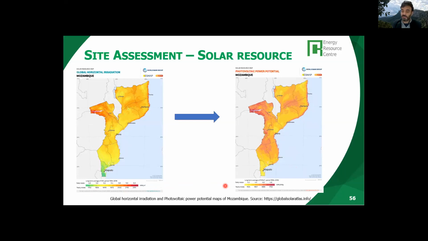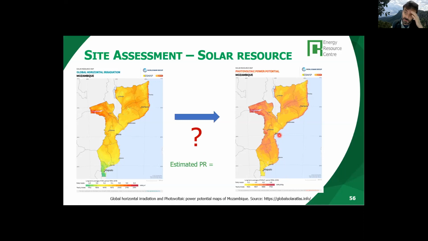So I am telling you this because of the risk of using this data. We need to understand what these maps and the published data mean, because sometimes they give us results like this map that could lead us to oversize or undersize our PV system, okay?